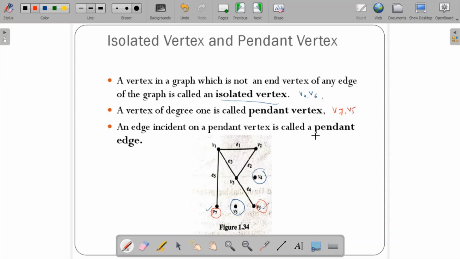And what about the pendant edge? It is an edge incident on a pendant vertex. So if you see over here V7, the edge incident from V1 to V7, that is E5, is a pendant edge, and E4 is also a pendant edge. So this is regarding the definition of the isolated vertex, pendant vertex as well as the pendant edges.